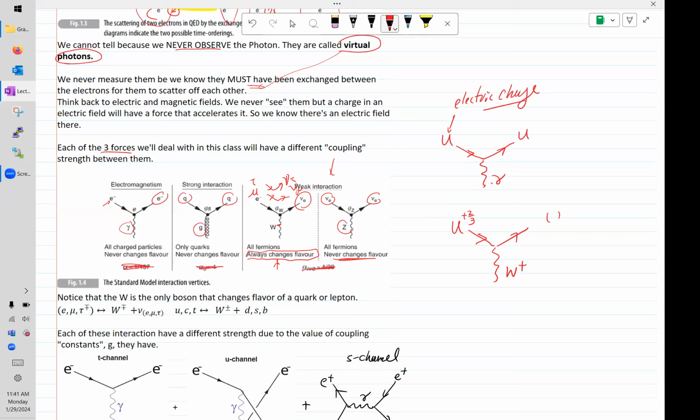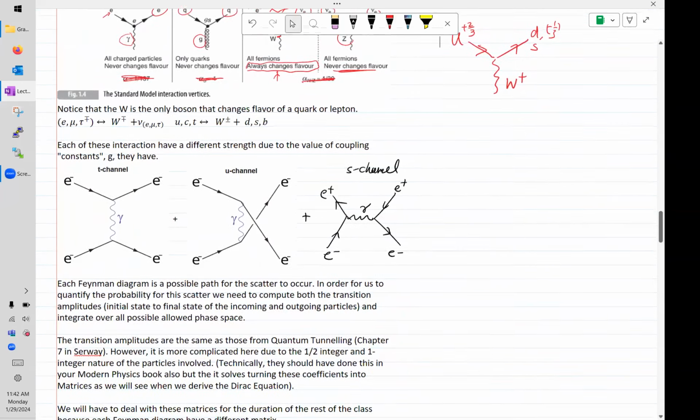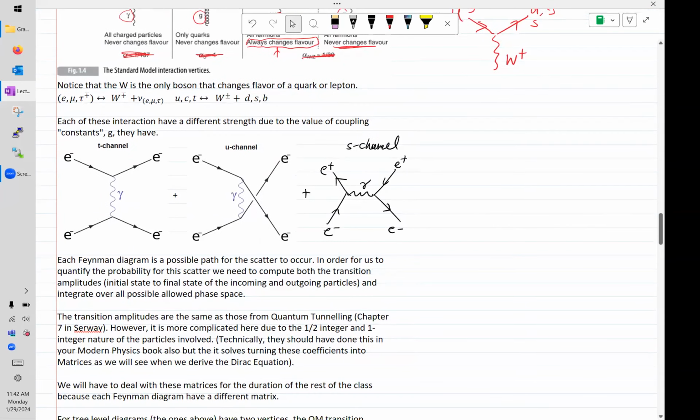What has to be the remaining charge here? -1/3, yeah. And what type of quark would have a -1/3? A down quark. And also the strange quark and also the bottom quark, okay? And these all are possible, okay? But mostly it's going to change into a down quark, okay? And we're going to see this when we get to the QCD part. Much later, okay?